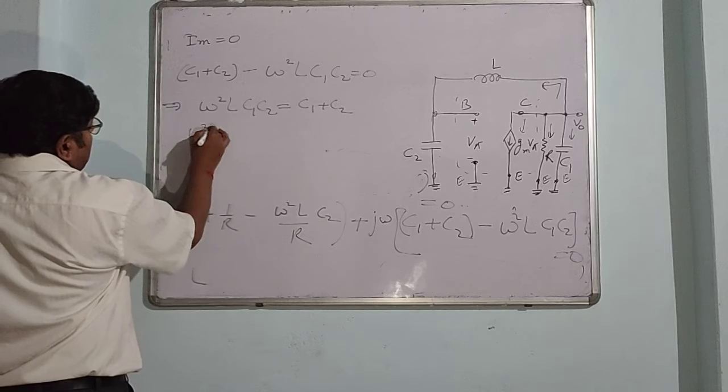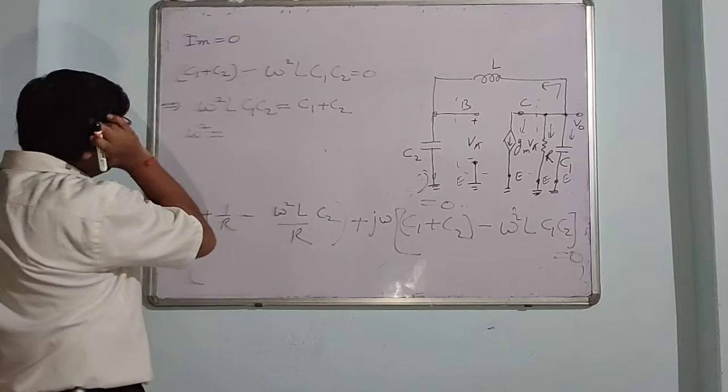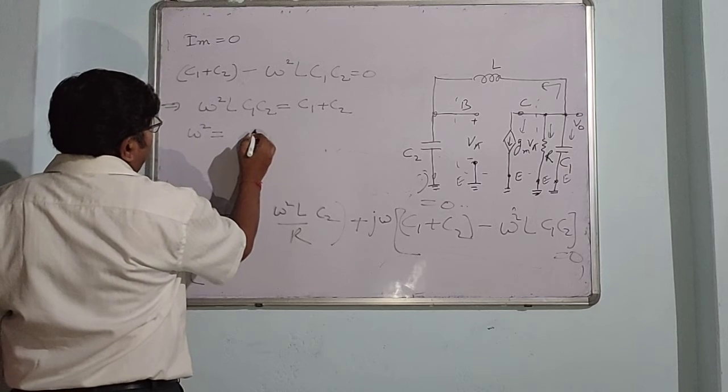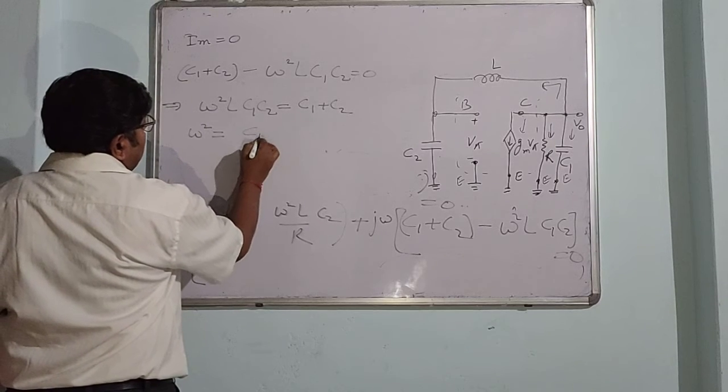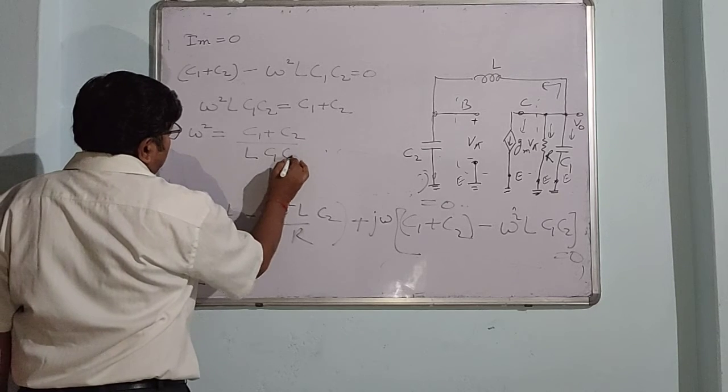So what is omega square? This is C1 plus C2 upon L C1 C2.